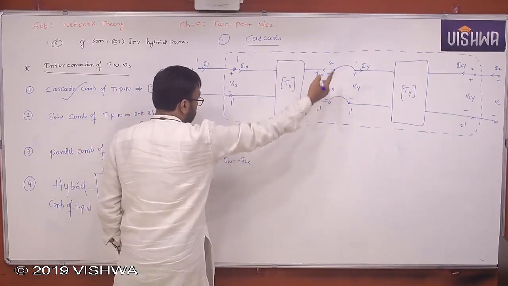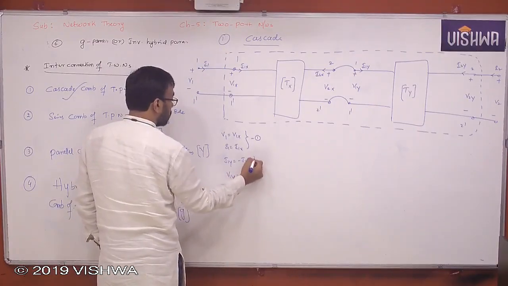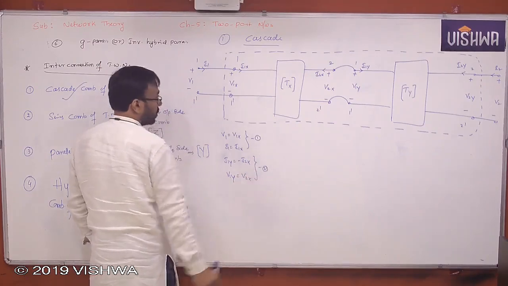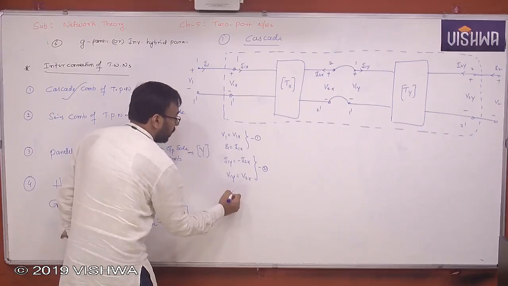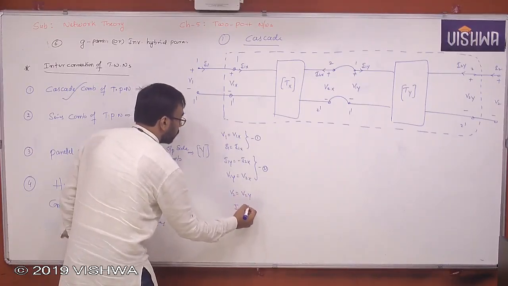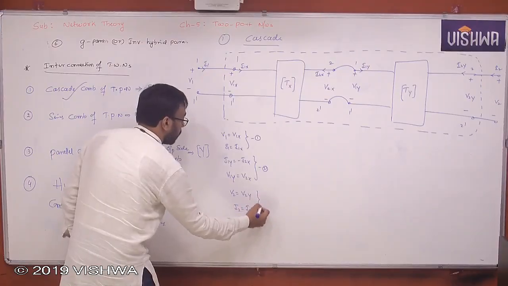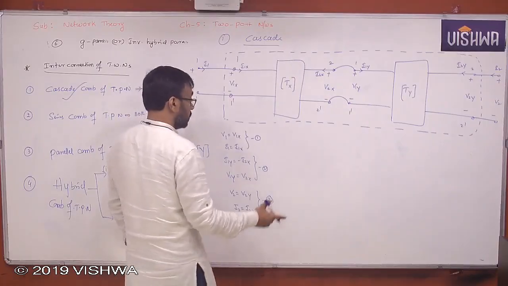Opposite directions. V1y is equal to V2x. Say this is the second combination. You can see there V2 is equal to V2y and I2 is equal to I2y. This is equation 3. Understand?